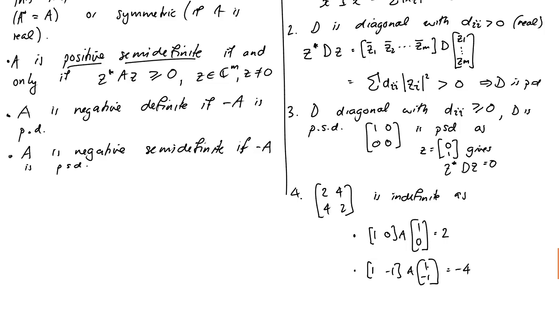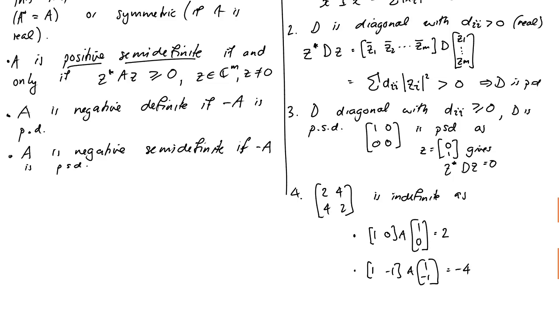Okay, so if A were positive definite, then no matter what vector we chose here, so long as it wasn't the 0 vector, we'd get a positive number out. Here we can get a positive number and a negative number, so our matrix must be indefinite. Okay, so we'll look at how to tell whether a matrix is positive definite a little bit later.